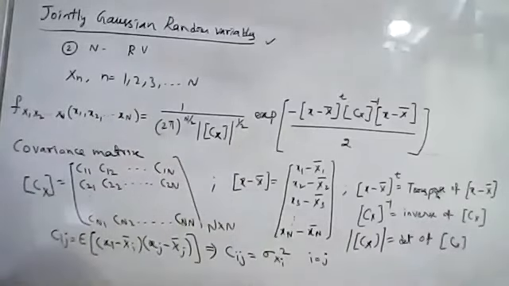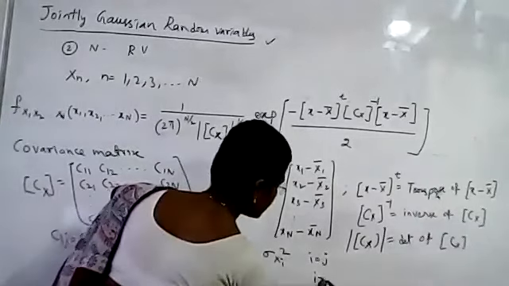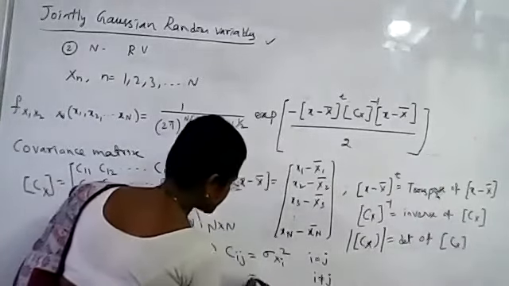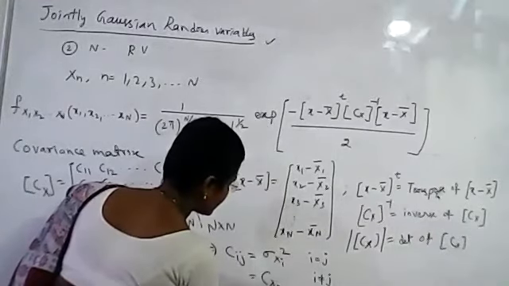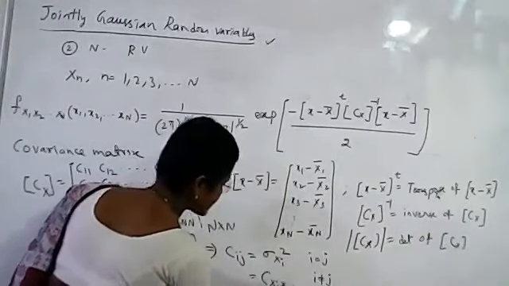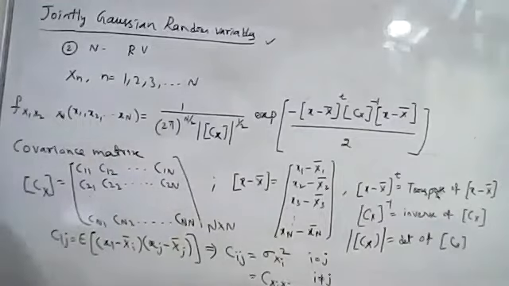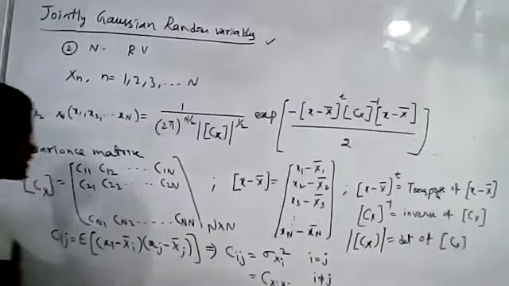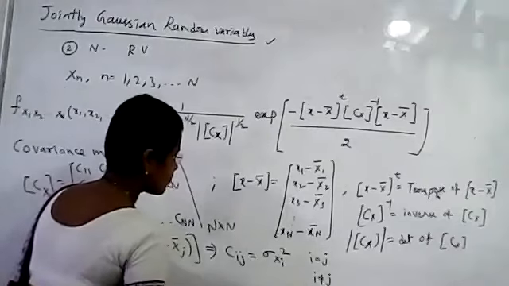Now if i is not equal to j, it gives us the covariance between xi and xj. So if i is not equal to j, what is this?